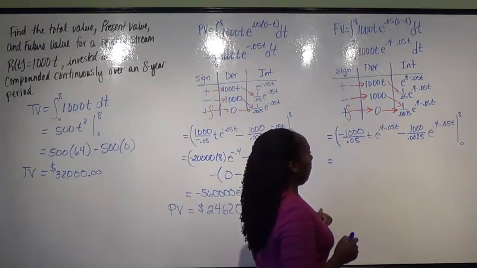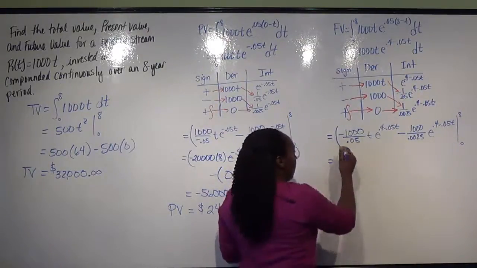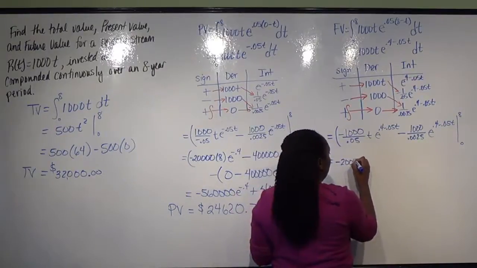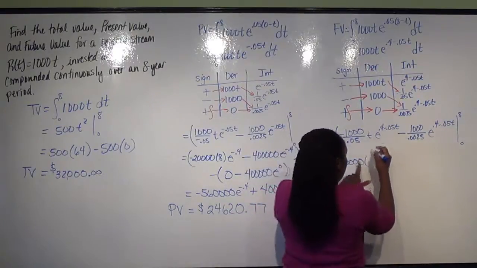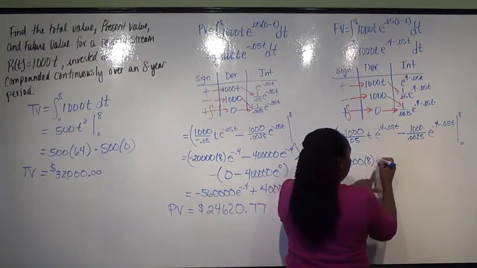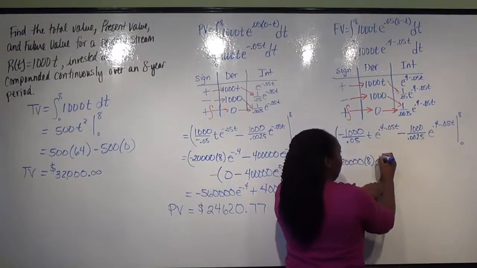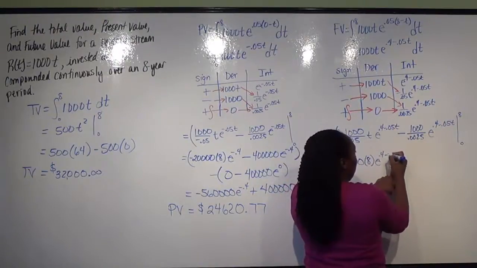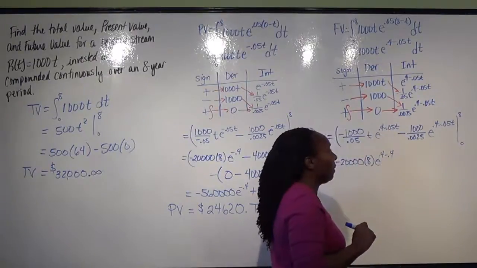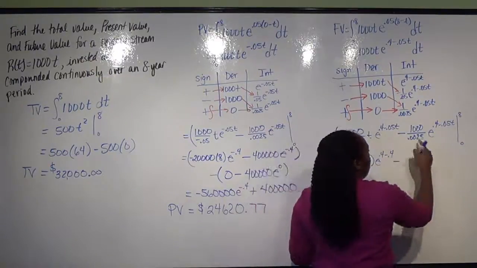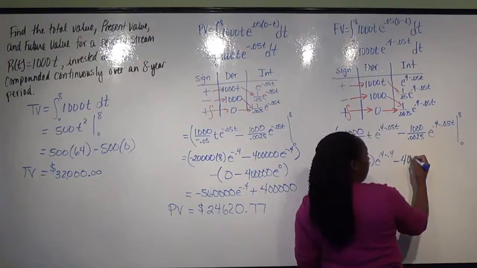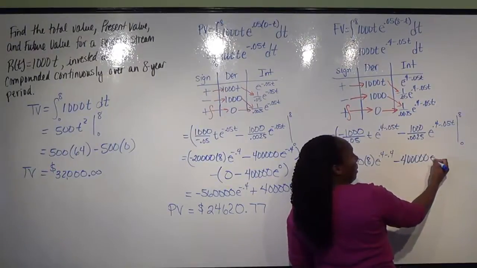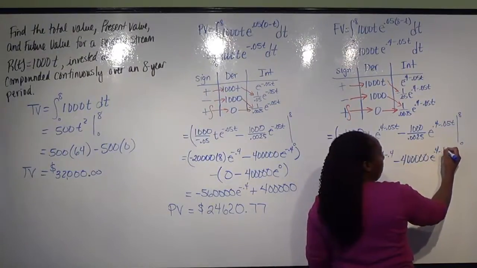So plugging in at our upper limit while we clean up, we'll get a negative 20,000 times our 8, e to the 0.4 minus 0.4. So again, plugging in 8 there. Minus over here, looks like 400,000 e to the 0.4 minus 0.4.